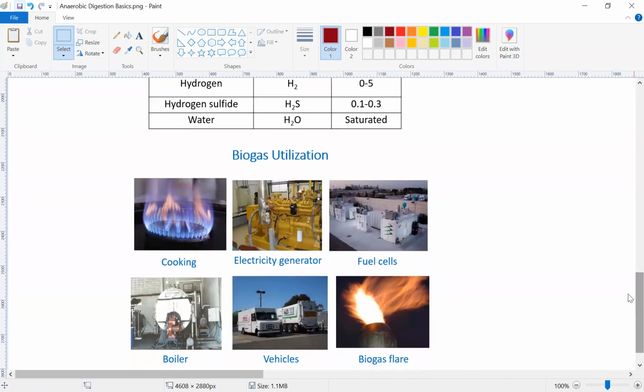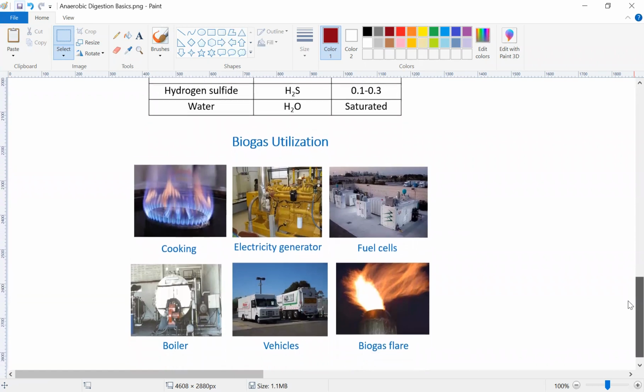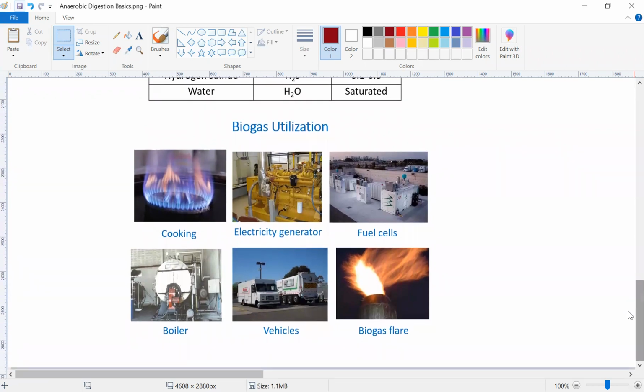The performance may be affected a little bit, but you can still use the carbon dioxide and methane. For boilers, this is just to generate steam, by burning the gas inside the boilers. Again, you need to remove hydrogen sulfide.